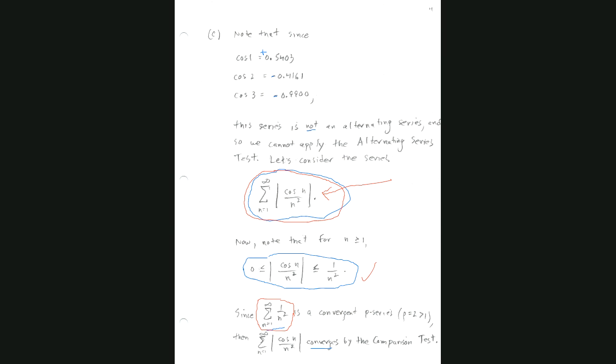All right, so the fact that the sum where n equals 1 to infinity of the absolute value of cosine n over n squared converges means that we say that our series converges absolutely. Our series is the series where n equals 1 to infinity of the cosine of n over n squared, without the absolute value.